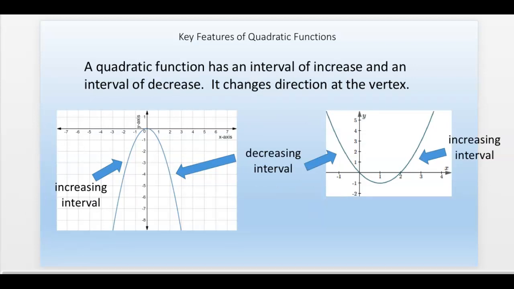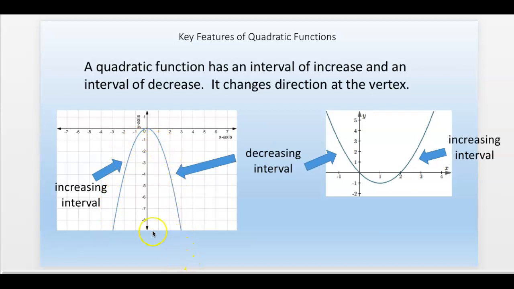Also, guys, a quadratic has an interval of increase and an interval of decrease, and it changes direction at the vertex. So if the graph is upside down, like the one here on the left, the increasing interval is on the left side, and the right side is the decreasing interval, where it comes down like this.